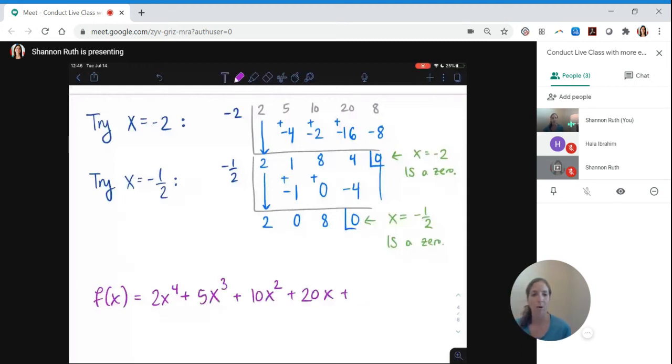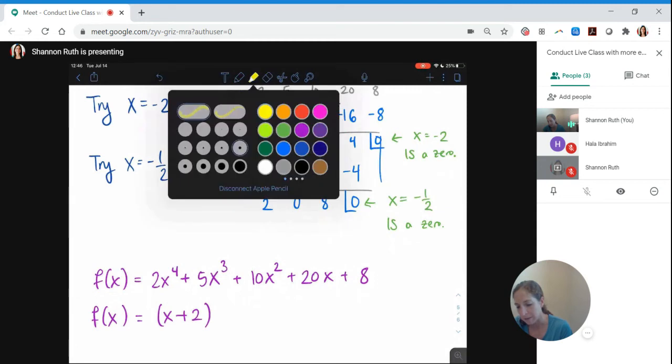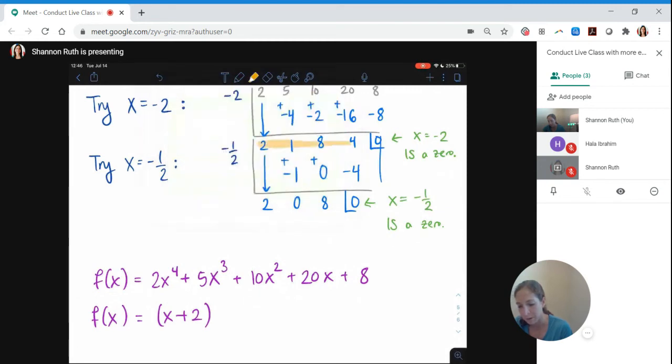And based on the order I showed my synthetic division, my first factor would have been x plus 2, because our first 0 was x equals -2. And when we synthetically divided by -2, the remainder would be 2x cubed plus x squared plus 8x plus 4, that orange highlighted row of coefficients.